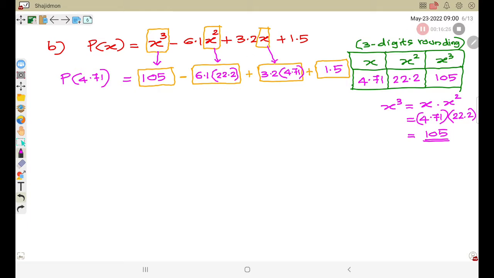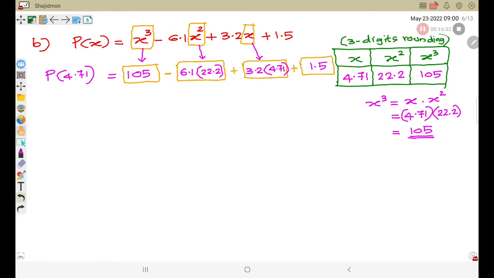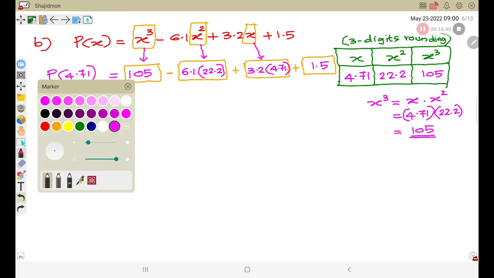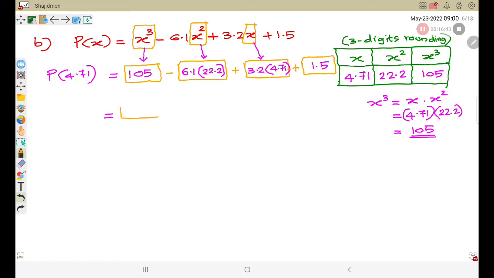That is why we created the table separately, because we can simplify easily using that table. Now again, each calculation with 3 digits rounding. First number 3 digits rounding, minus second calculation 3 digits rounding, plus third calculation 3 digits rounding, plus the last number 3 digits rounding.